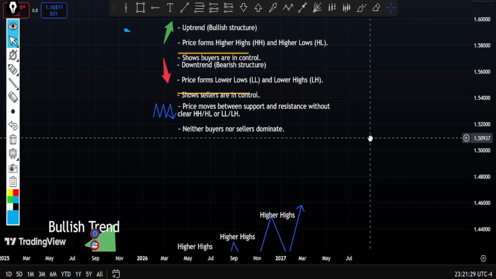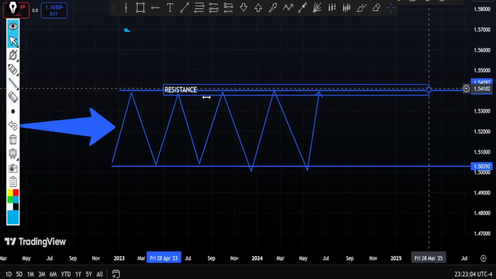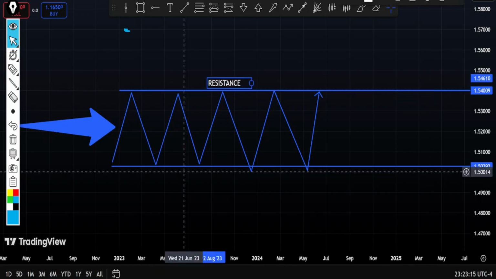Essentially, what we have is the market doing something like this. This here is known as resistance, and this right here is known as support.